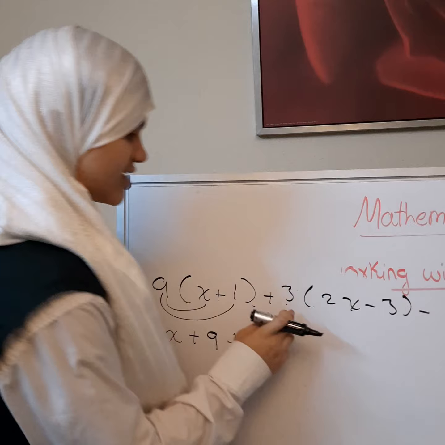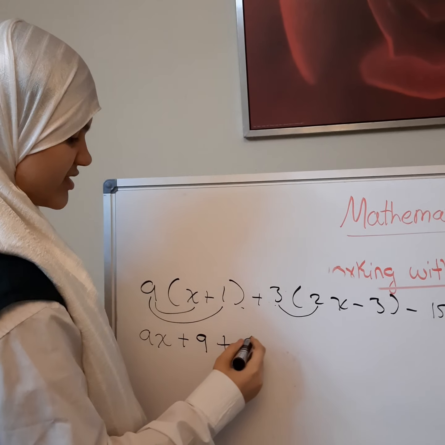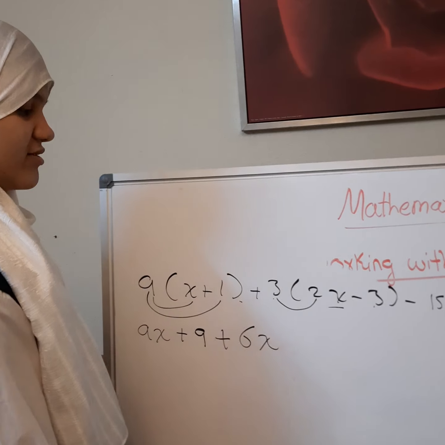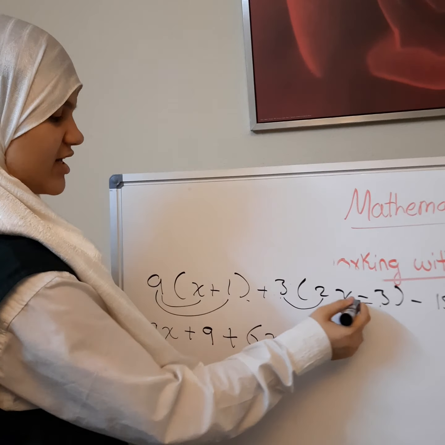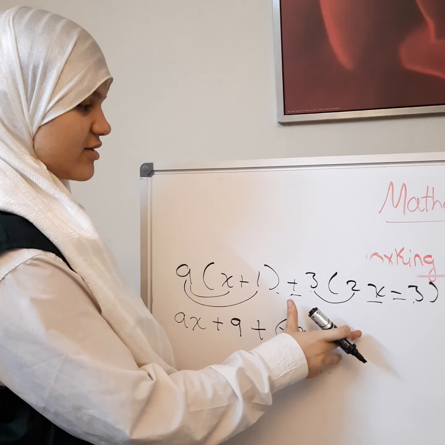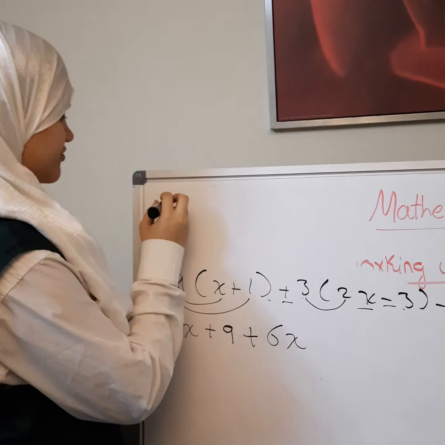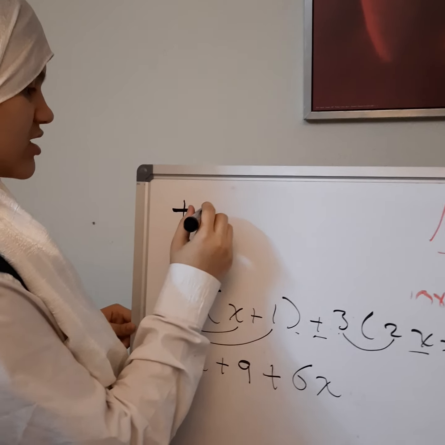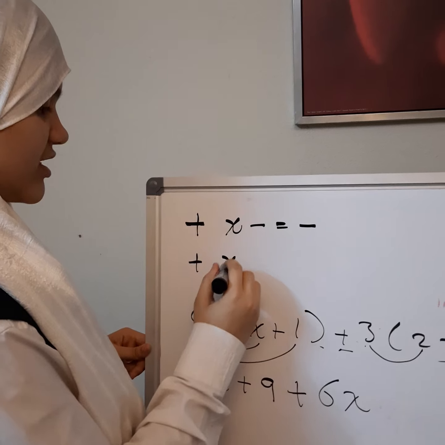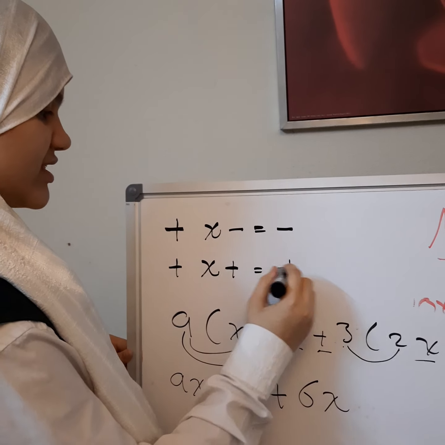First thing, 3 times 2, it will be 6x. Then 3 times 3, it will be 9. But here, can you see the signs? Here minus, here plus. That means we will take the minus, because plus times negative is equal to negative. Plus times plus is equal to plus.